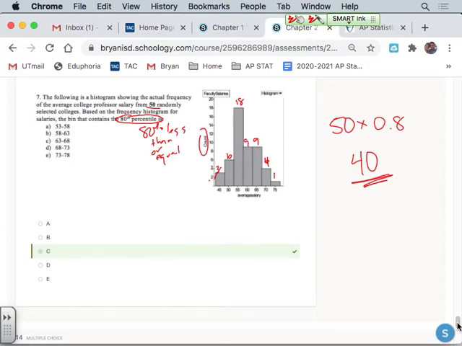So 3, 9, 27, so all of those are out. 27 plus 9 is 36, so that bin is out. And somewhere residing in this little area right here resided that 40th person. So that was the range of 63 to 68 there.